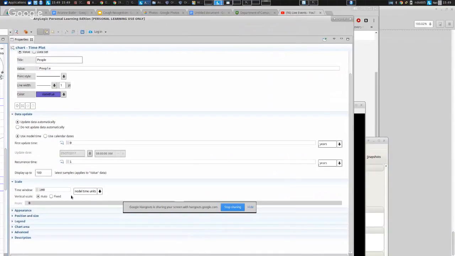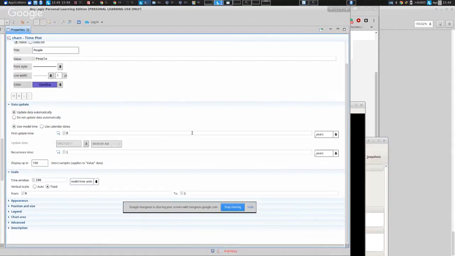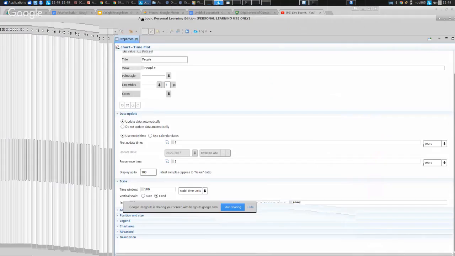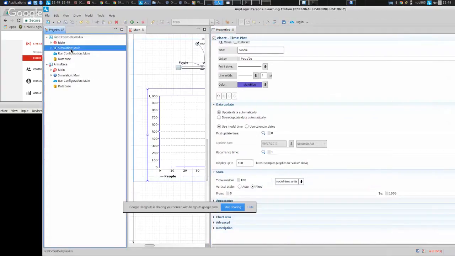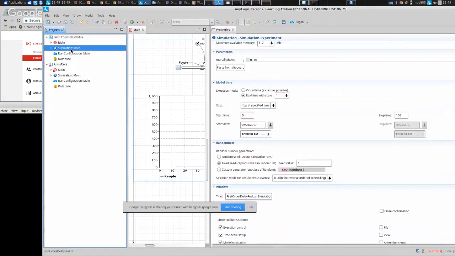The scale here I'll set to fixed. This is the vertical scale, 0 to 1,000 in the properties window. And now I'll run it again. What you'll see is there's actually quite a large fraction of the population that's remaining after time 100. How could that be?